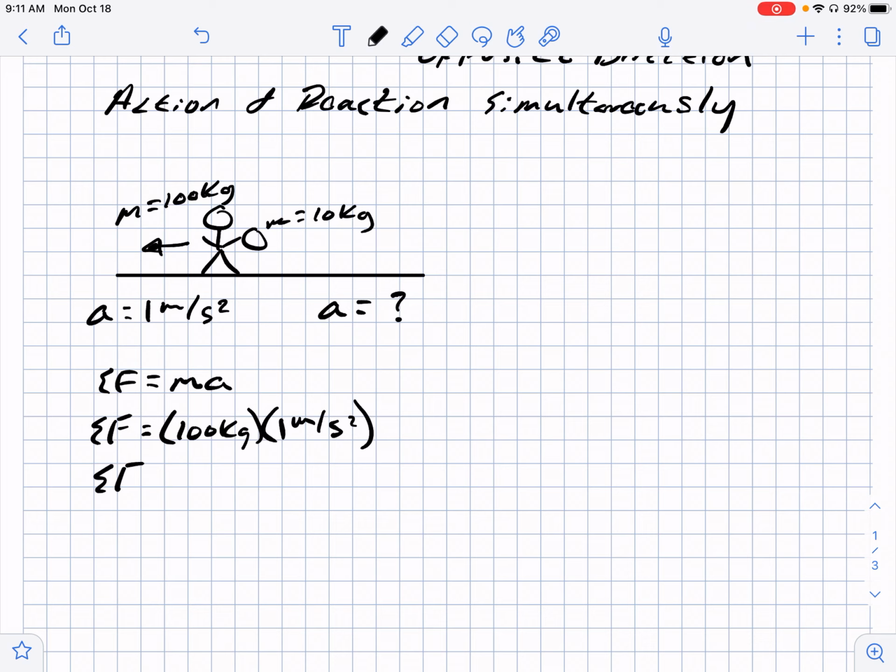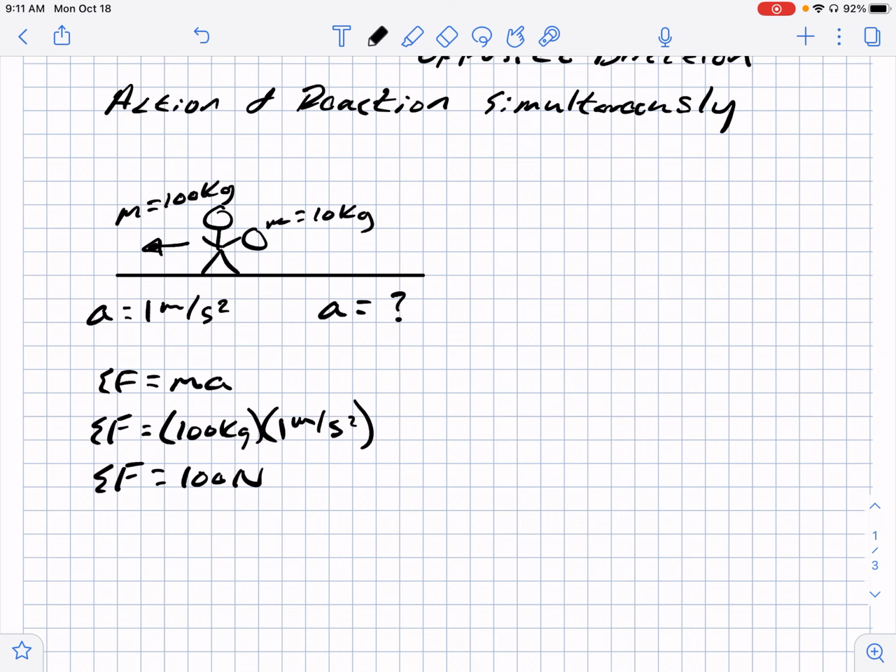So the net force on you was just 100 newtons. And based on this action-reaction, that means that there was 100 newtons of force applied to you by the ball, so there had to have been 100 newtons of force applied to the ball.